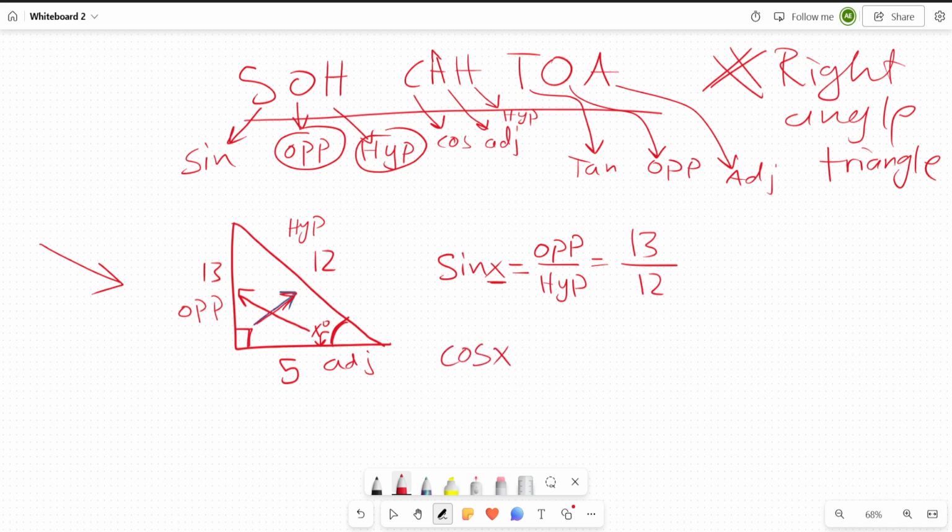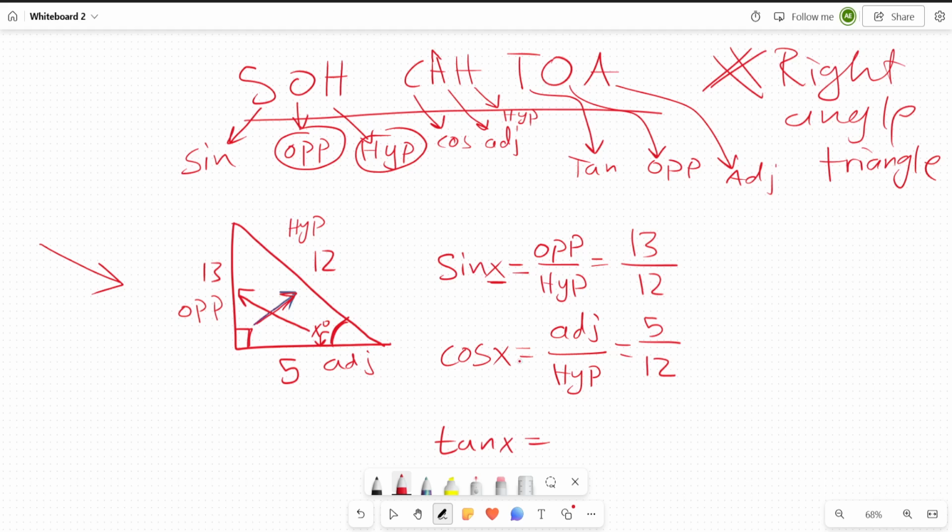Cosine x, from CAH, cosine equals adjacent over hypotenuse. So in this case, my adjacent to my x degrees angle is the 5 and my hypotenuse is 12. And I think by now you can work out the tan x.